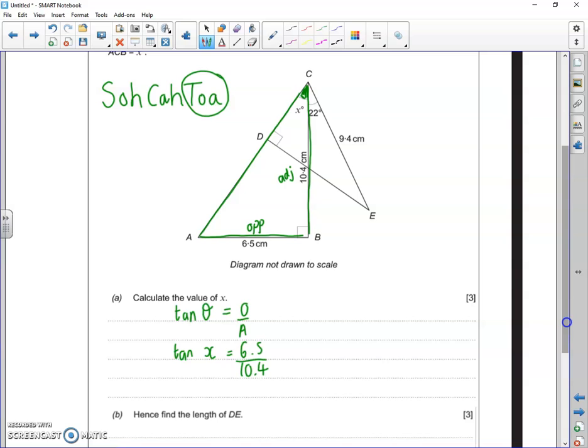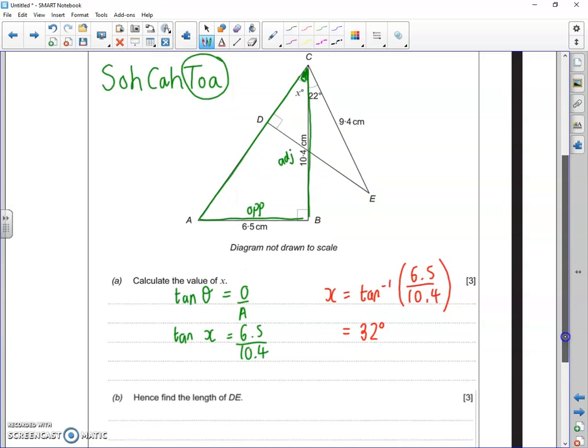If you're trying to find an angle, we need to do the opposite of tan, which is tan to the minus 1. So what you actually type into your calculator is tan minus 1 of 6.5 over 10.4, and that comes out as about 32 degrees. Okay, to the nearest degree, 32 degrees.